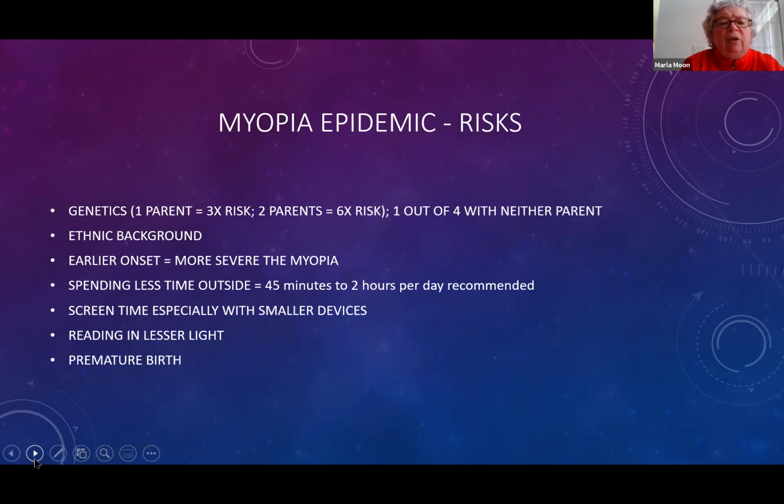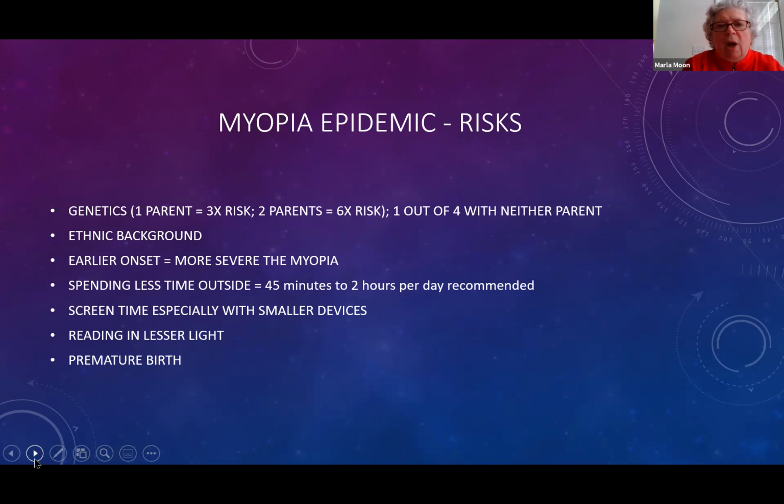Because if you have one parent that's nearsighted, the kids are at 3 times greater risk for developing myopia. 2 parents, it goes up to 6 times risk. And even if you don't have any parents that are myopic, it's 1 out of every 4. And we're going to talk about some of those reasons.